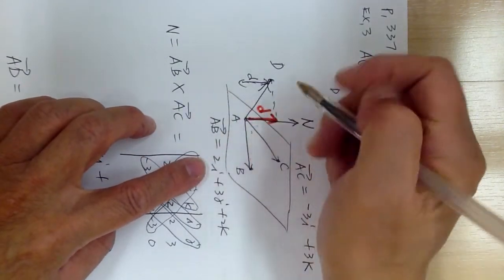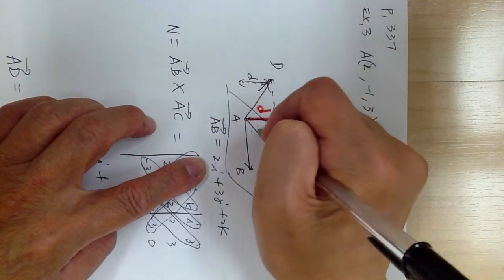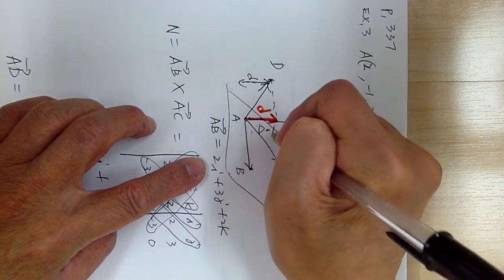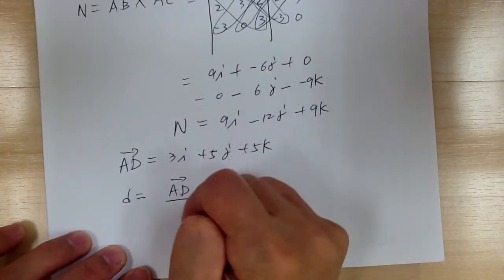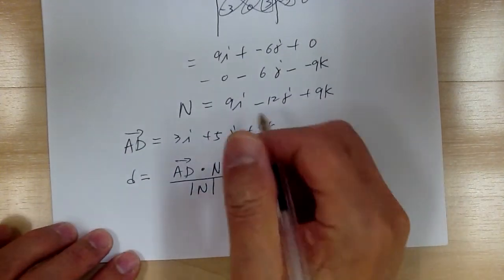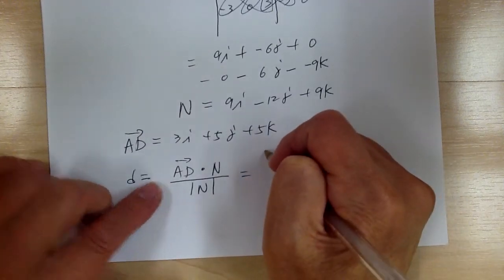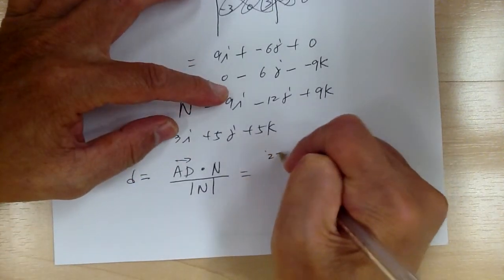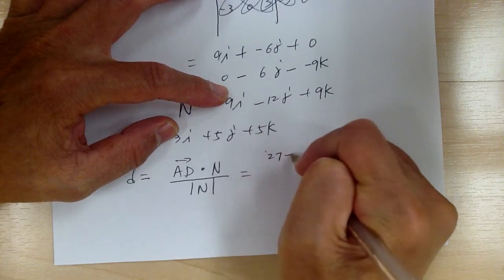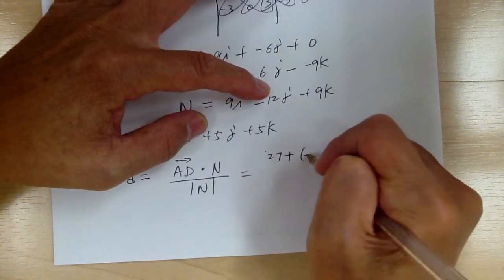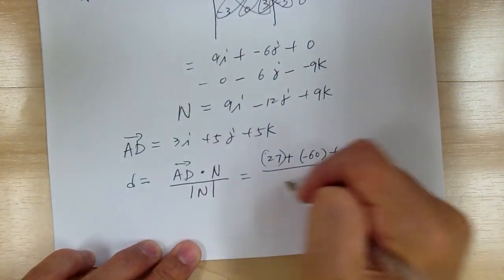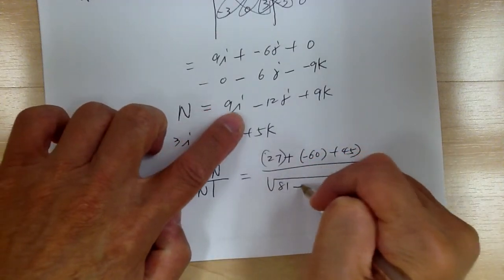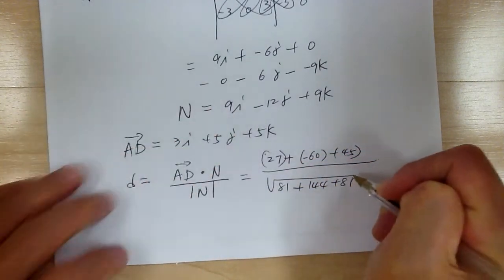So this is going to be equal to AD dot N over the length of N. So you're going to multiply, so you're going to get 27 plus negative 60 plus 45 over square root of 81 plus 144 plus 81.